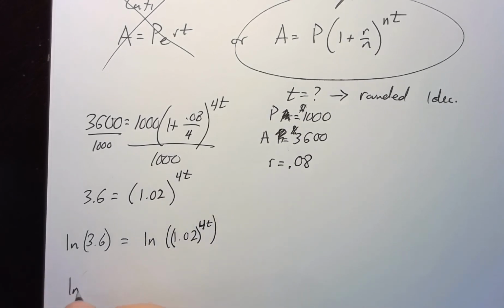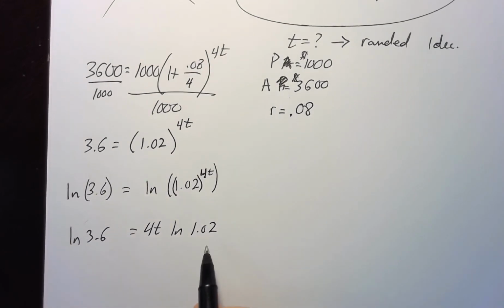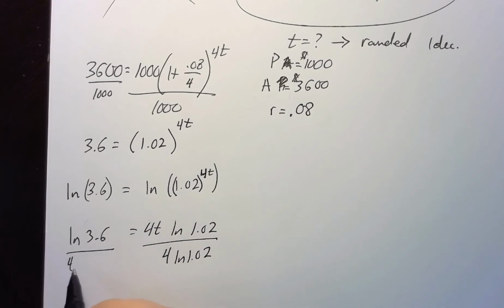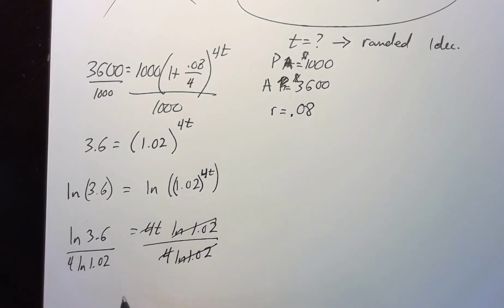So I have the natural log of 3.6 equals 4t times the natural log of 1.02. Keep in mind that the natural log of 3.6 is a number, the natural log of 1.02 is a number, and therefore I can divide both sides by the natural log of 1.02. I can also divide by that 4 to get t all by itself. This cancels out, this cancels out, and I have t equals this number.